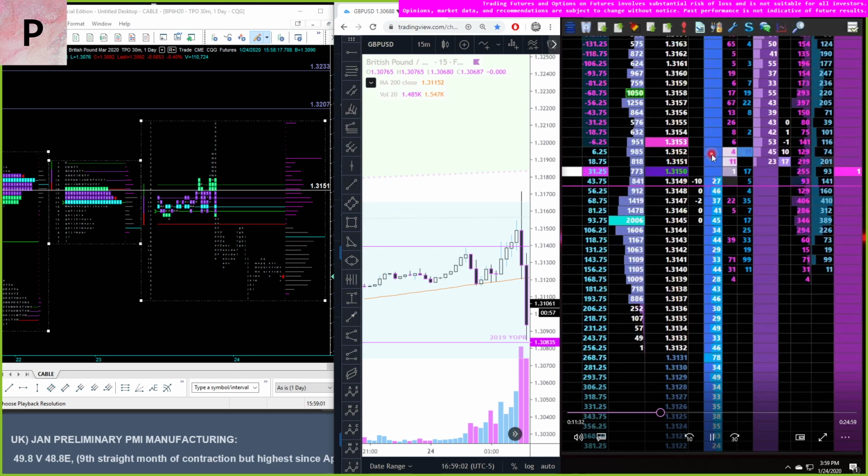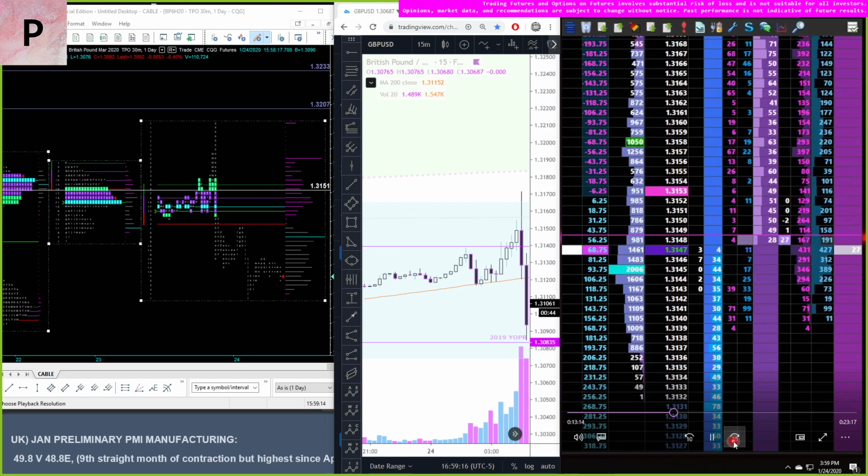Retesting 53s again. Buyers are stepping in. Just going to fast forward it. And note the large volume node right here.